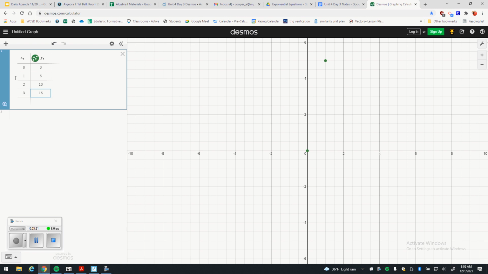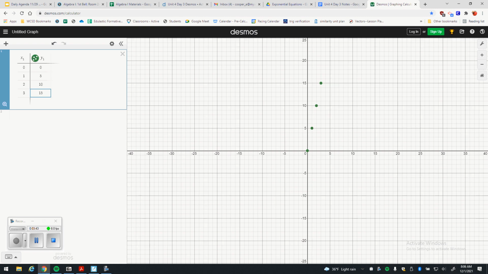Once you have it copied in, look up here for me, please. Do we see all the data points? No. So I'm going to zoom out a little bit. Now, here's what you're looking for. You're looking for the shape of the points.